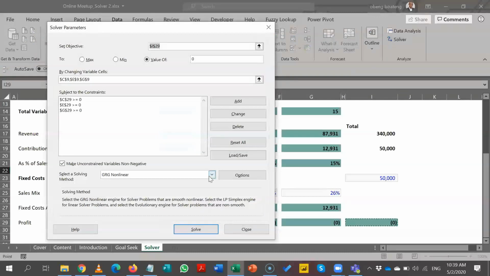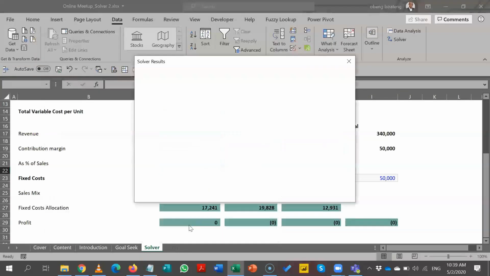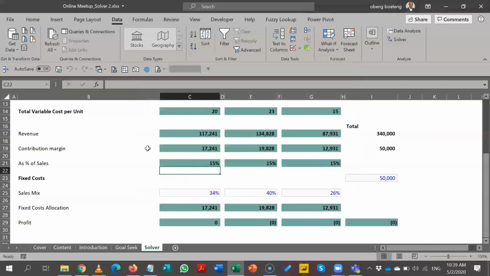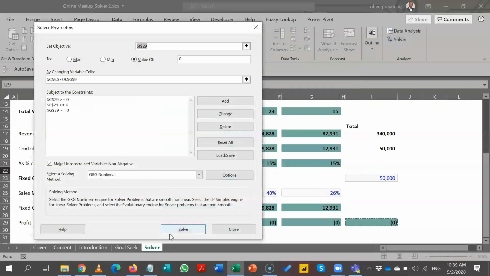When you click OK, you get a solution. The blue part gives you some solution.